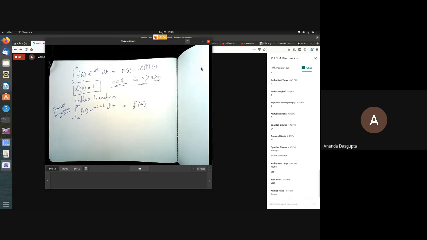But there's another major difference here. Can anybody tell me what that is? Apart from the fact that you have an i omega for Fourier and s for Laplace. What's the huge difference in the two cases? This one here and this one here.